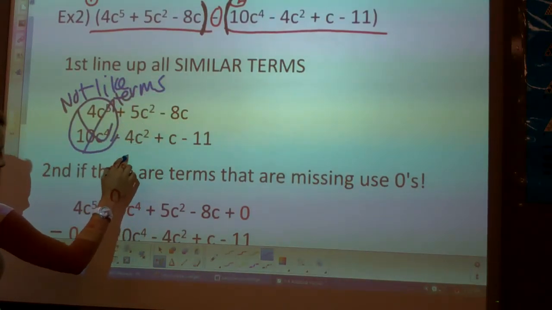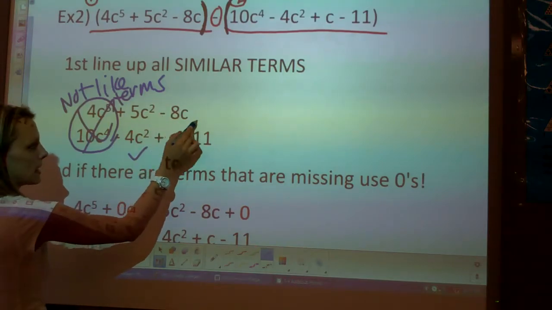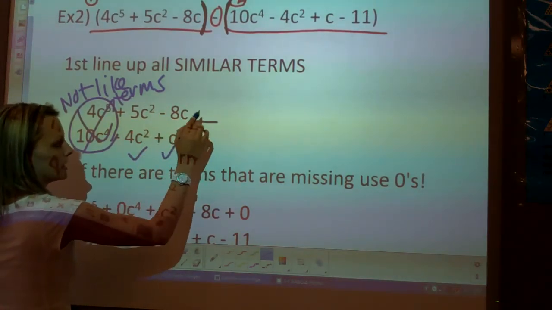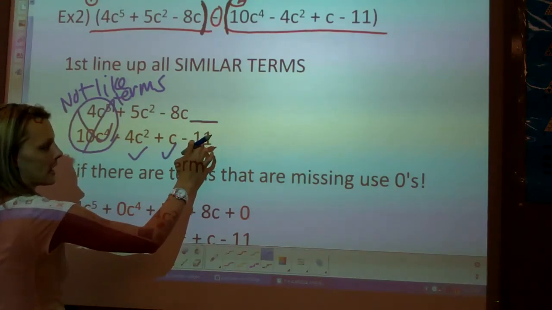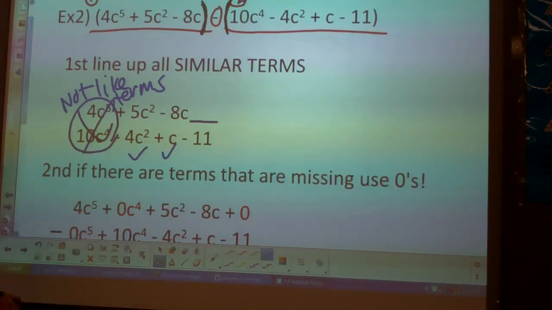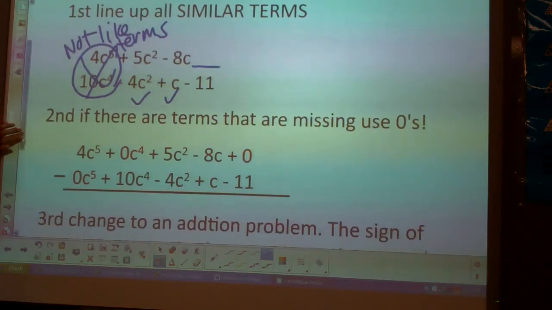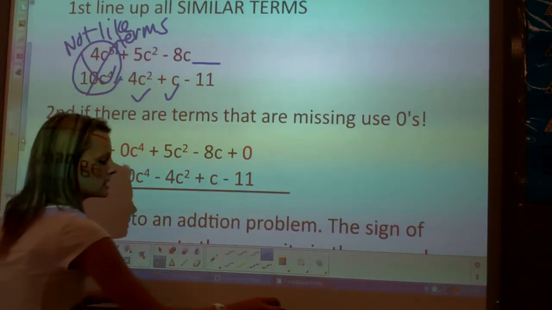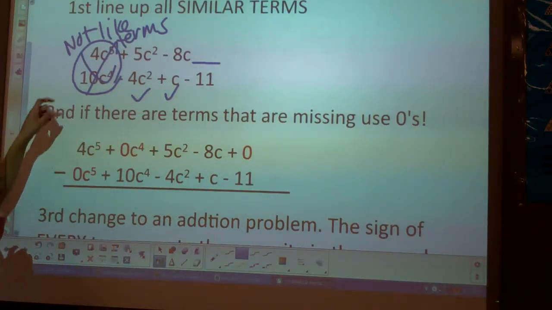C squared and c squared, yep, these are okay. Minus 8c and a plus c, yep, these are okay. And here we're missing something to add on to our negative 11. So we need to rewrite this subtraction problem using zeros, just like last time.